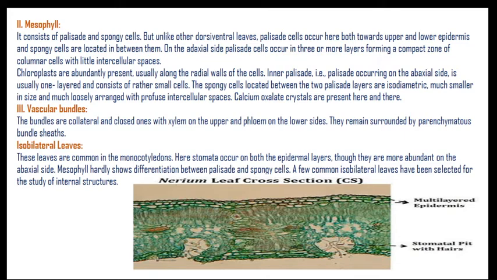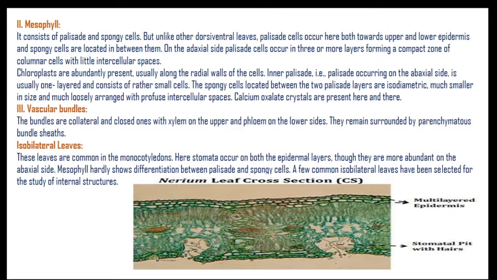In between these two palisade layers there are spongy mesophyll cells, which are loosely arranged and possess a few chloroplasts, whereas palisade parenchyma possesses a huge number of chloroplasts.